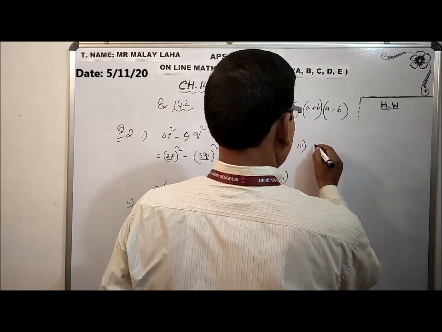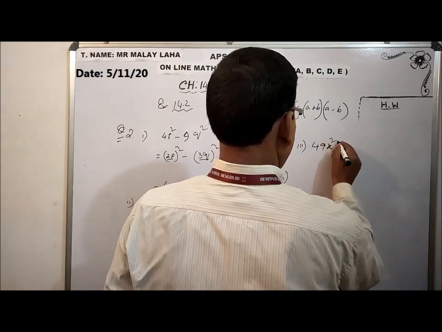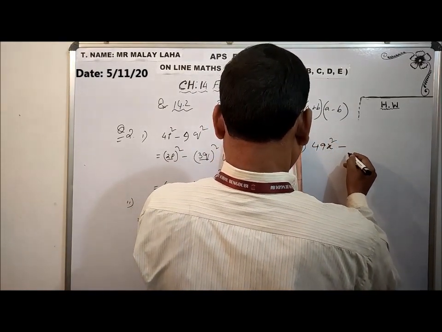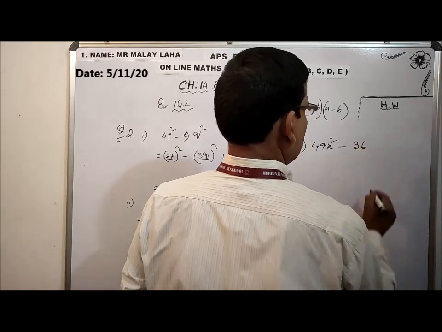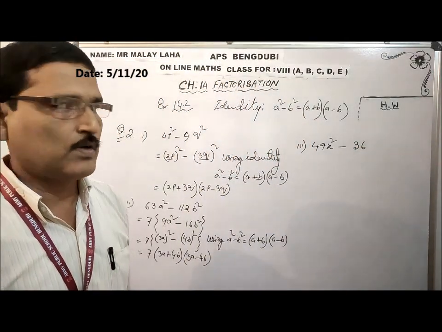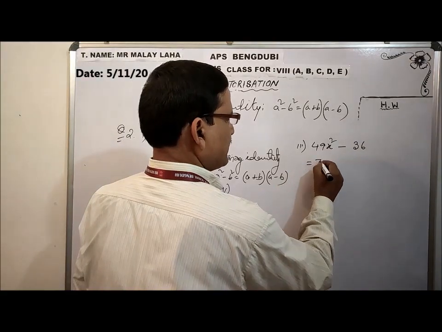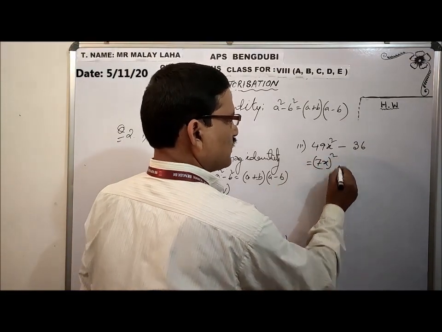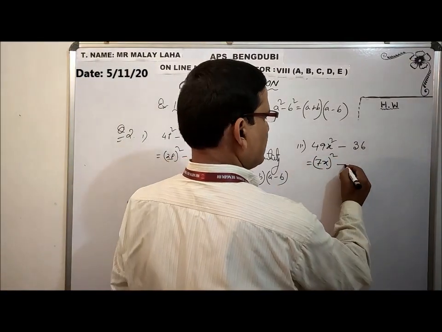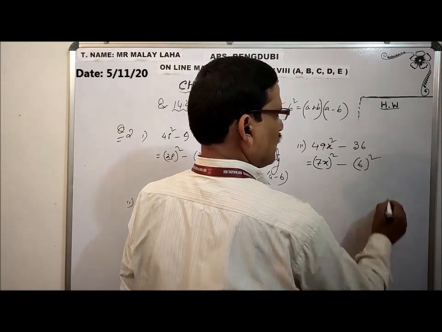Now here, 49x square minus 36. How can I write both the numbers in square form? 49x square can be written as 7x whole square, and 36 can be written as 6 whole square.